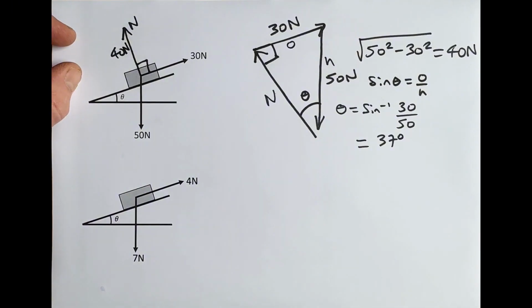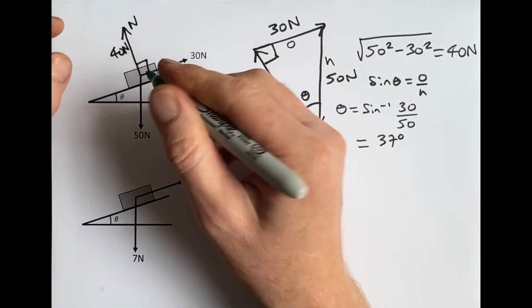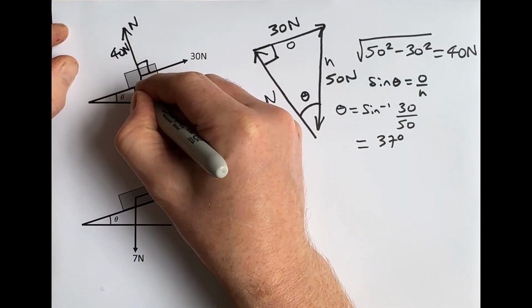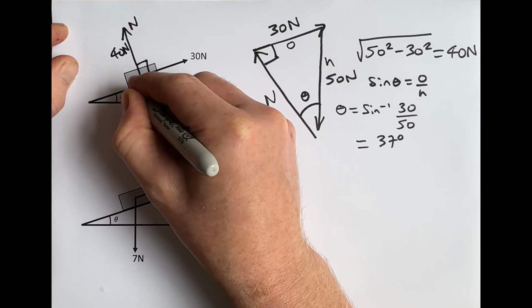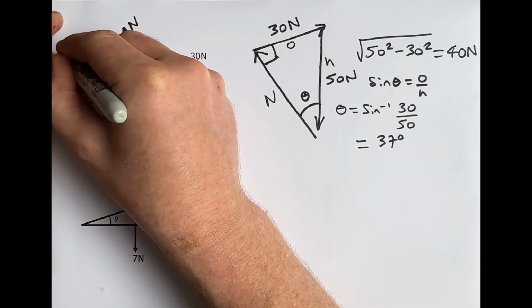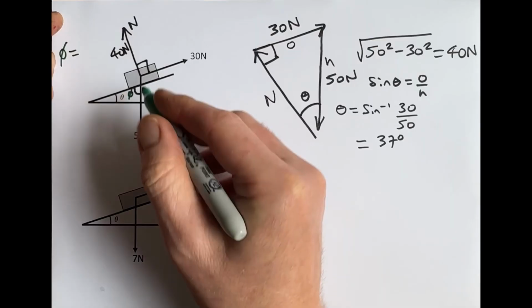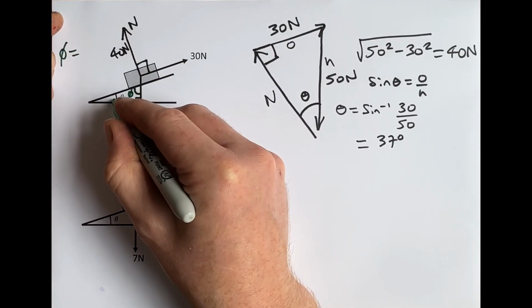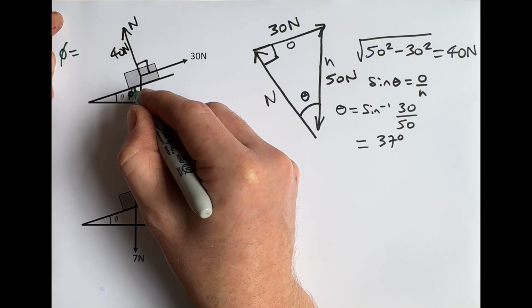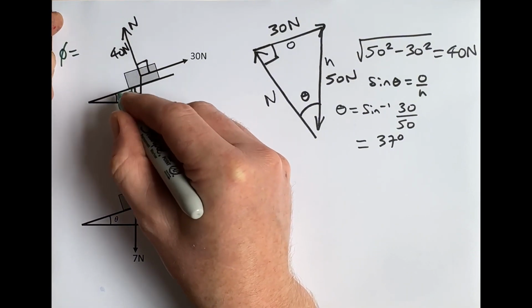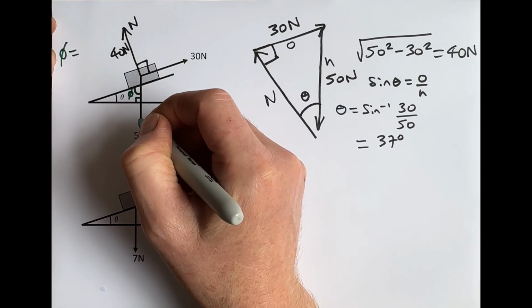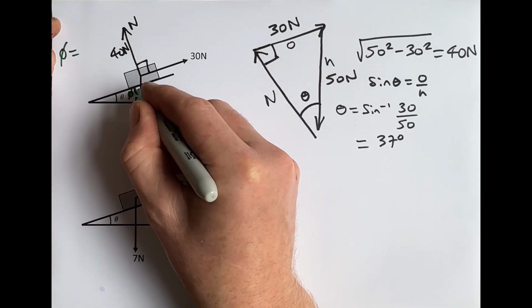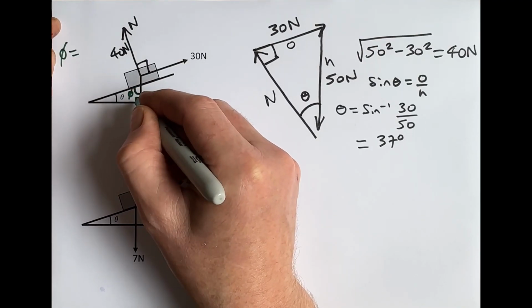Now, how do we know that this angle here is this angle here? Well, it's because we know that this angle here, and we can call that phi. We know that this angle here is 90 degrees. This angle and this angle must add up to 90 degrees because the sum of the angles in a triangle must make 180 degrees. So if that's 90, this plus this must also be 90 to give you 180.